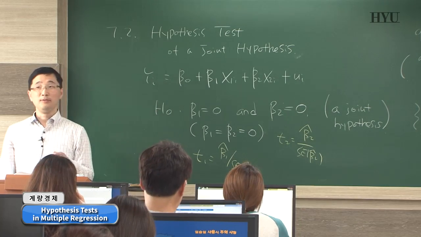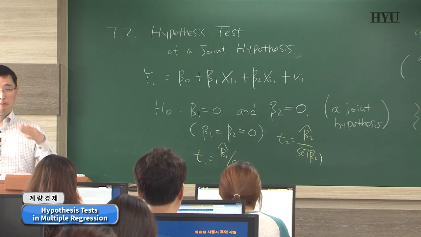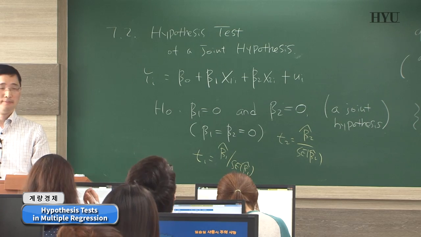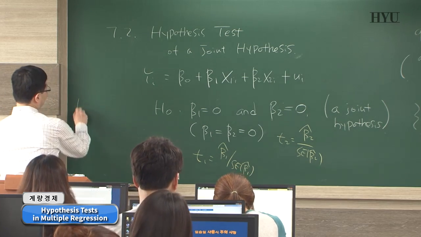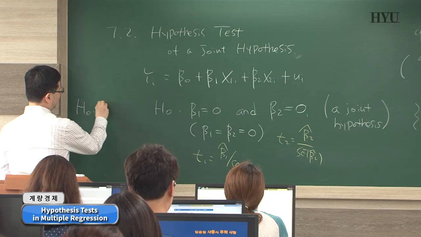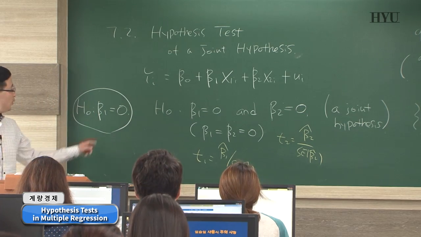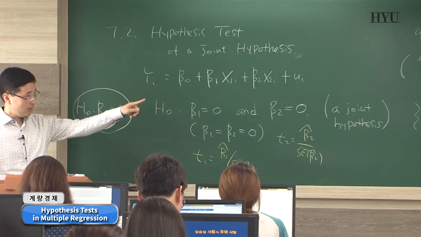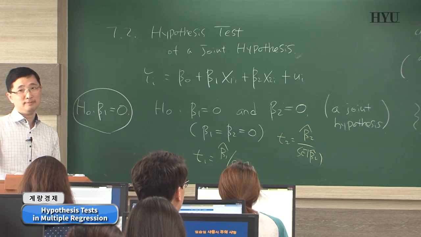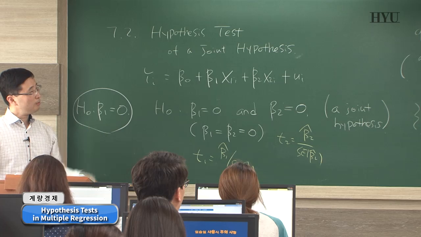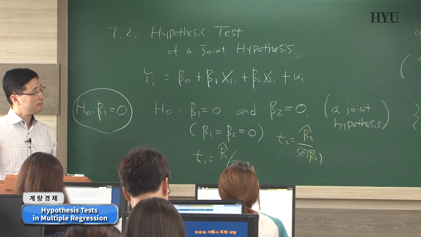So you have to apply an F-test. You can apply a t-test many times. But if the hypothesis is like this, like in chapter 7.1, q is equal to 1, right? So that's why you want to use a t-test. The key is the number of restrictions under the null.